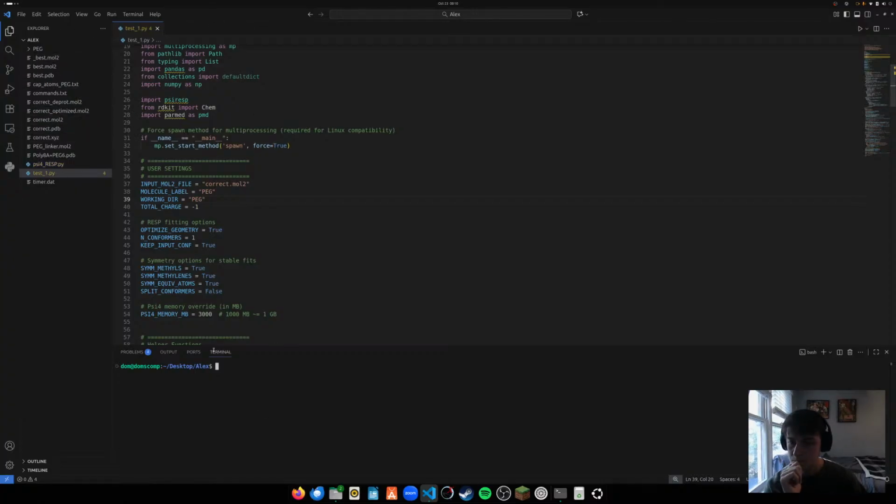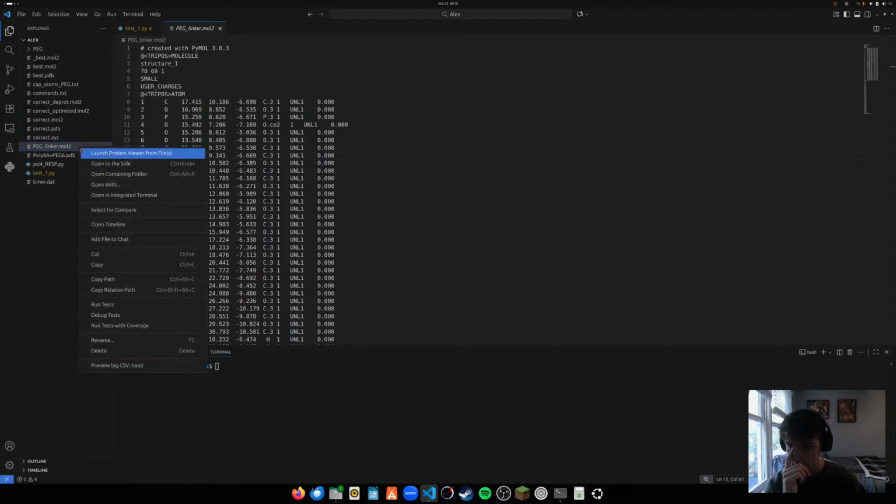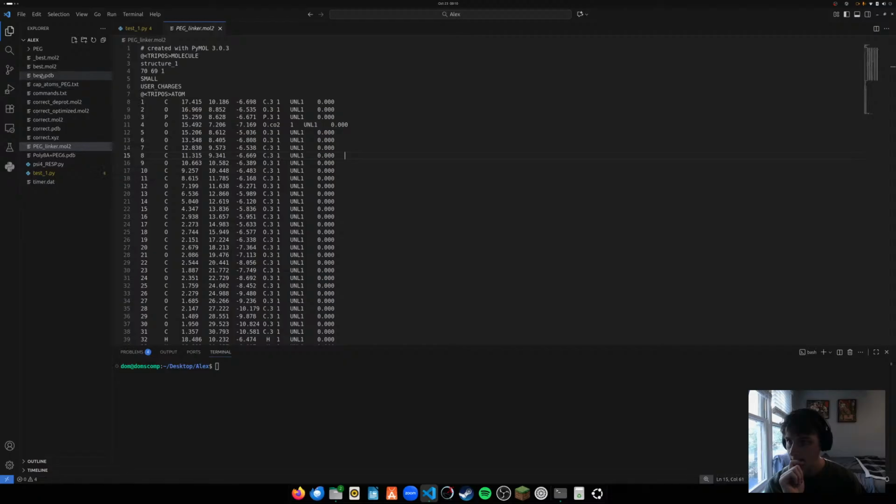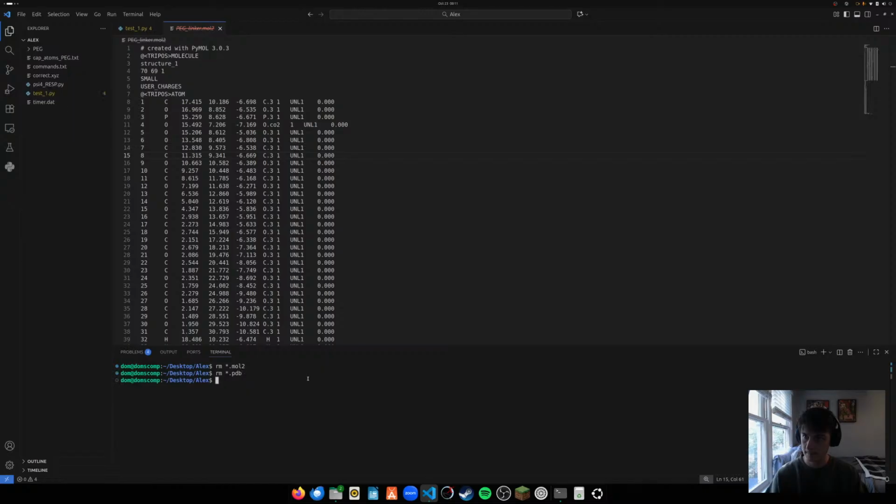Let's see. So I kind of want to delete all of this crap here. That's wrong. Yeah, I'm just going to do that. rm mol2, rm pdb, rm.